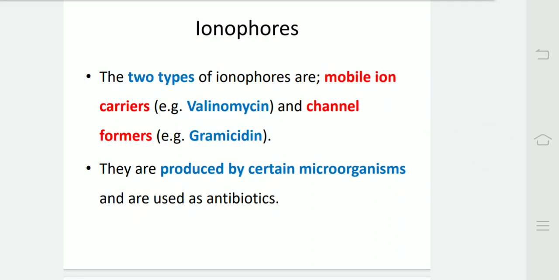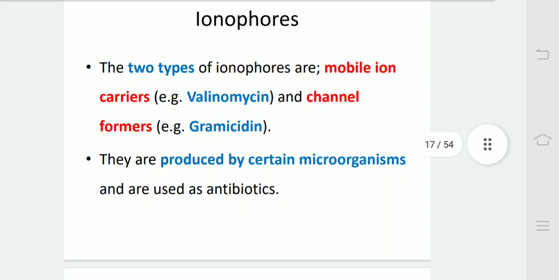The two types of ionophores are mobile ion carriers, for example valinomycin, and channel formers, for example gramicidin. They are produced by certain microorganisms and are used as antibiotics.